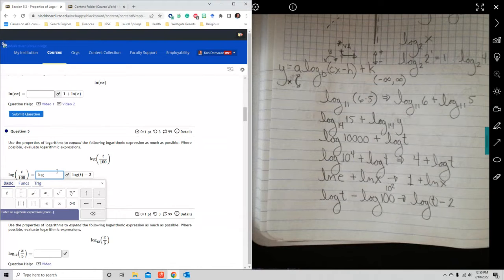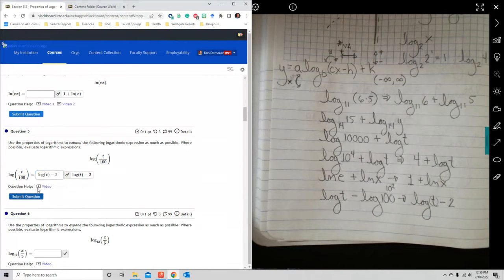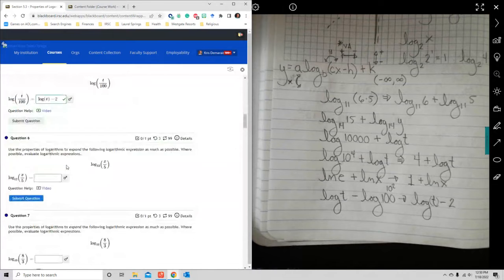Watch, log t, and you know what? It doesn't let me put the t in there. That's awesome. It says use algebraic expressions, so we need to put in the parentheses in order to put the t in there. That's kind of interesting. So you can't move forward without the parentheses. It has to have the value of t, or the parentheses.